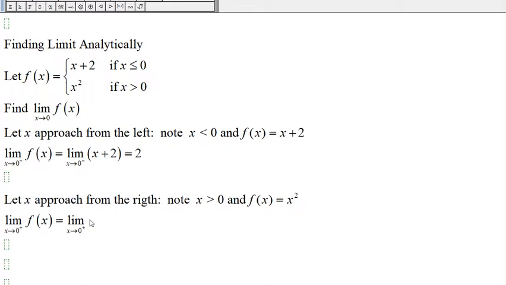And so right here, we have x squared. And then as x approaches 0, 0 squared would be just 0. So the limit from the left is 2, the limit from the right is 0.